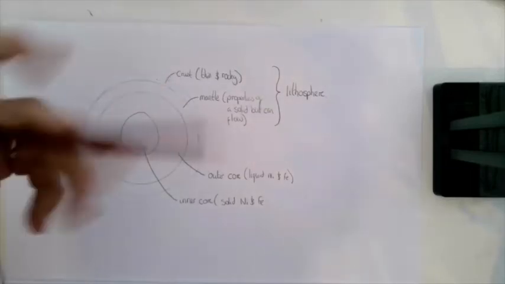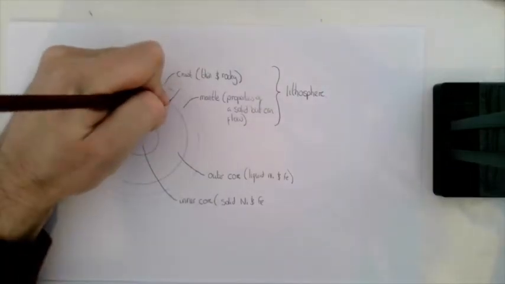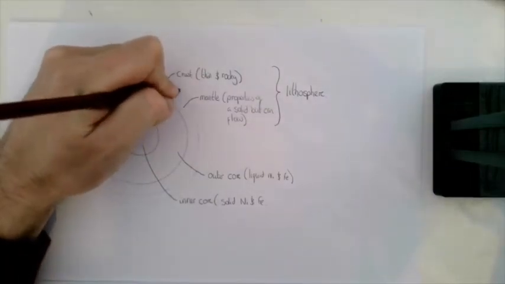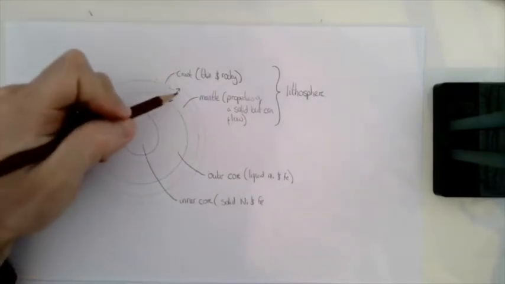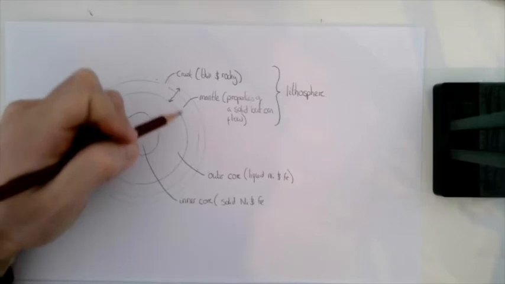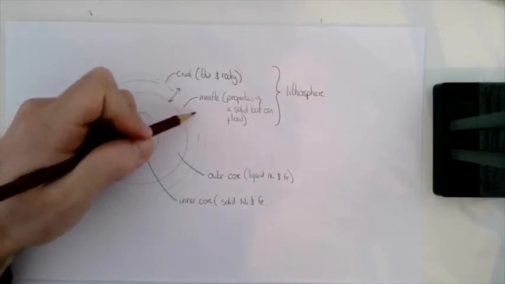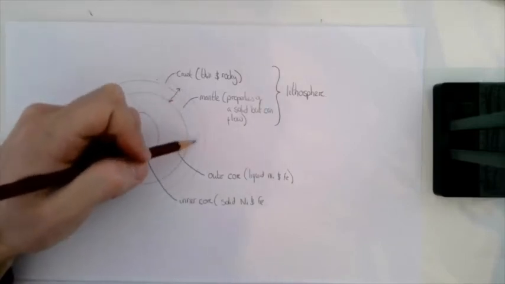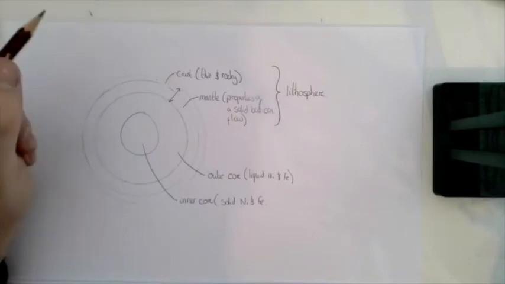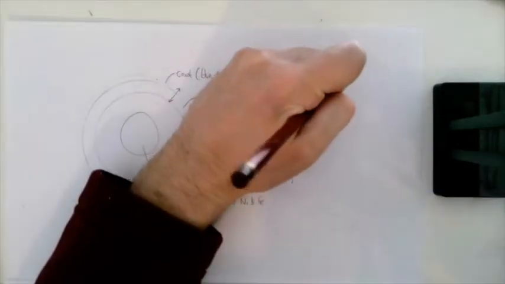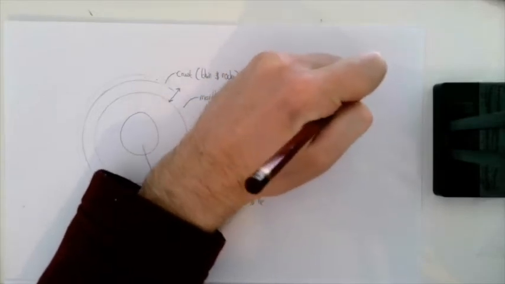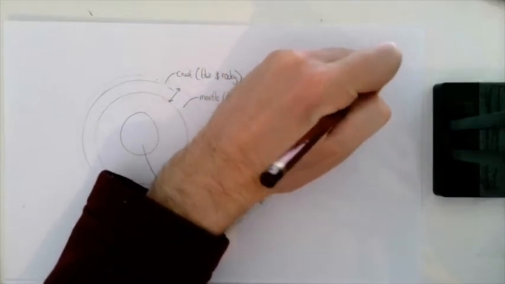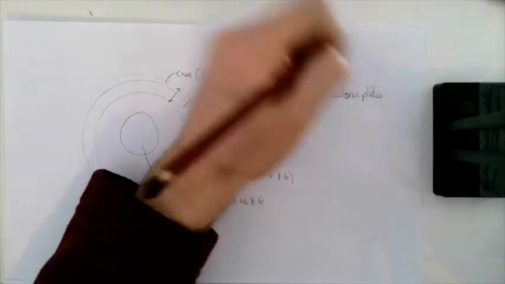So it's this section here where we have the tectonic plates, and these two outer layers are broken up into gigantic pieces, some very big pieces, some slightly smaller pieces, which are the tectonic plates that can move around. So lithosphere is the tectonic plates.